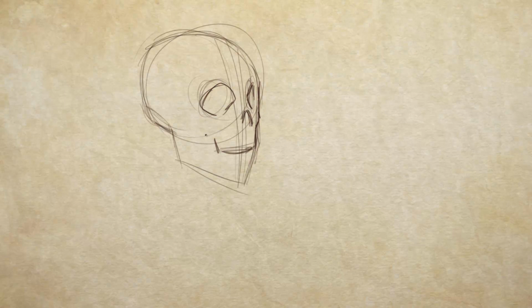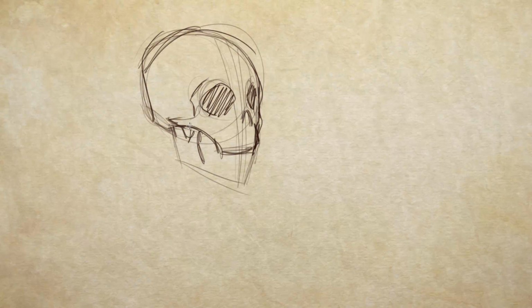Basically everything from here, the temples, everything except the lower jaw is all the upper part. Then you've got the lower part, which is just the jaw. And so it's the lower part that moves.